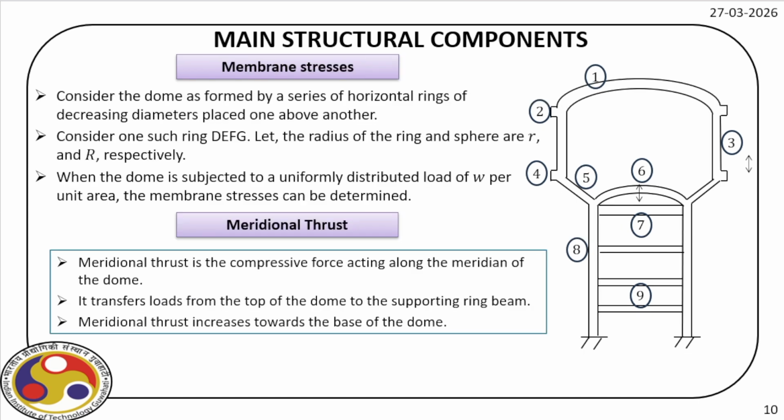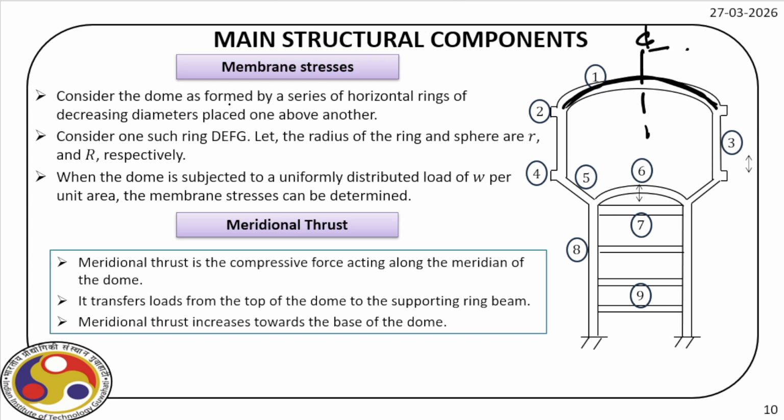Now let us first revisit the membrane stress. For that, consider the dome as formed by a series of horizontal rings. So you can just imagine this is a ring, and if you circulate that along this center line, then you'll basically get the top shell.